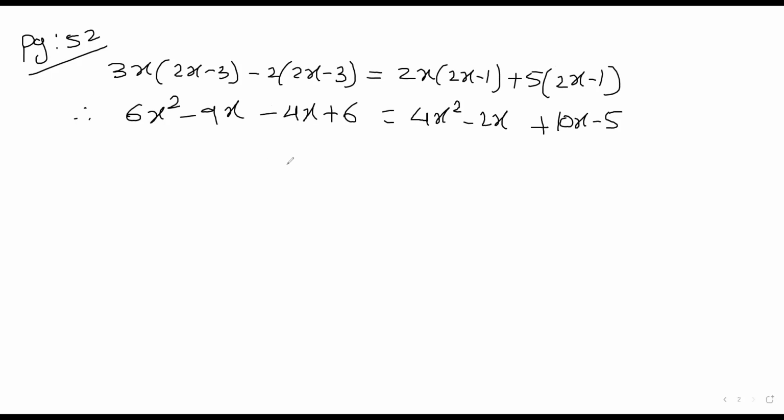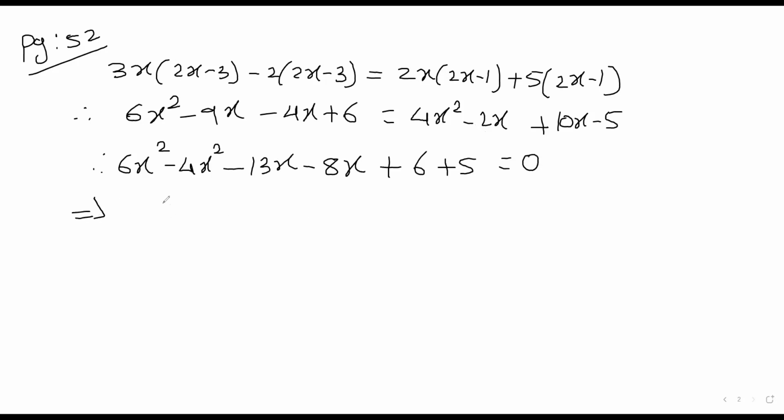Now bring all the terms to the left hand side, everything. So you'll say 6x square minus 4x square. I'll write down all the like terms together. Minus 9x minus 4x is minus 13x. Minus 2x plus 10x is 8x, and इकडे आणलं की minus 8x होणार. Plus 6 plus 5 is equal to 0. This implies we get 2x square minus 21x plus 11 is equal to 0.